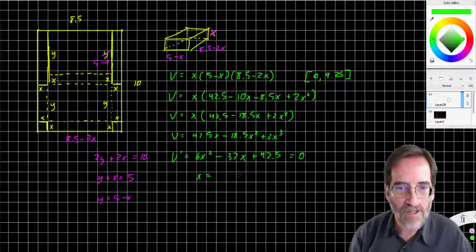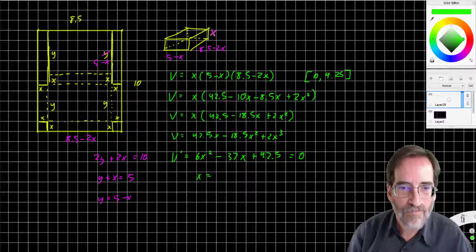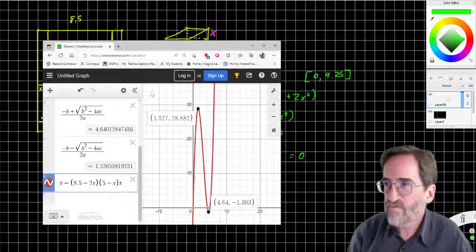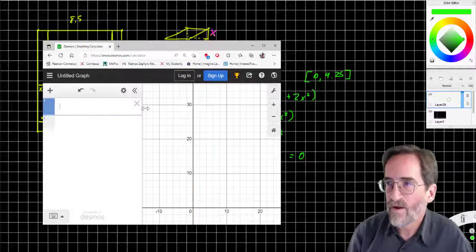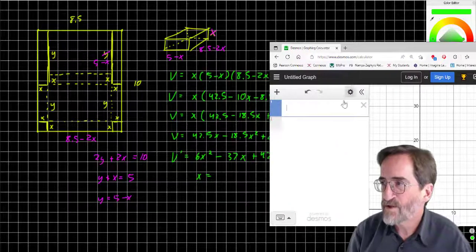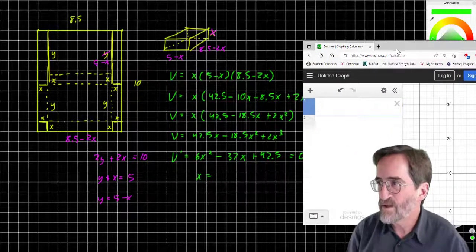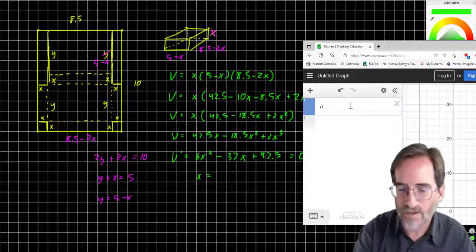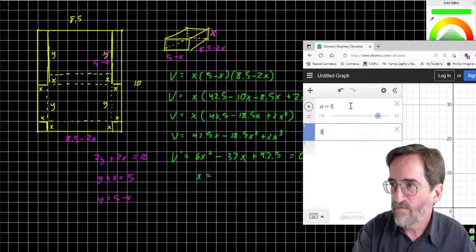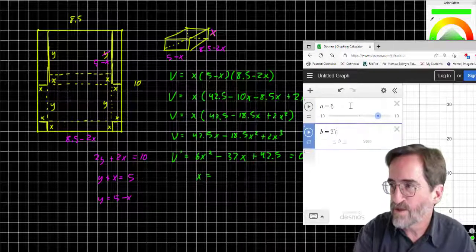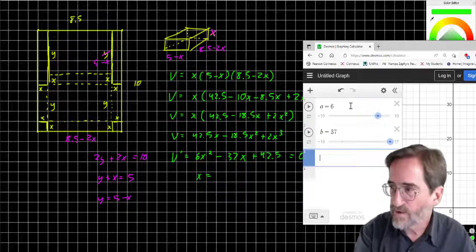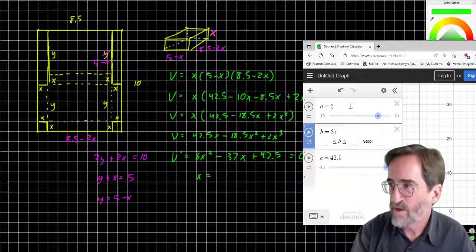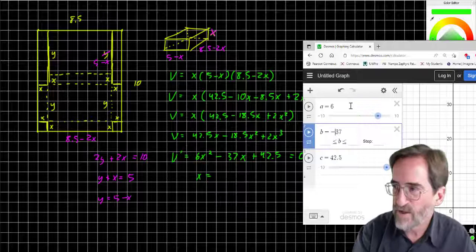So I'm going to bring up Desmos. All right. So Desmos, here's the way I like to do quadratics in Desmos. I just say a equals 6, b equals 37, and c equals 42.5, but b actually is negative 37, not positive 37.